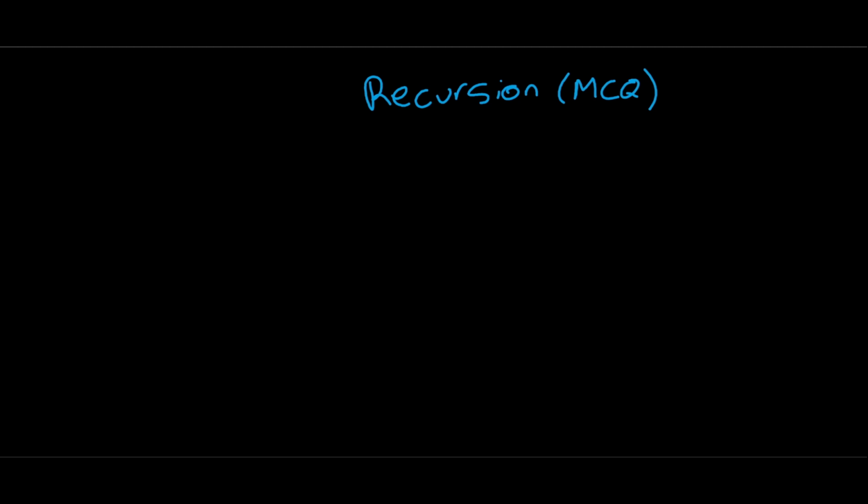So let's say I have a method here, public static int, and let's say it takes in one parameter, an int b.